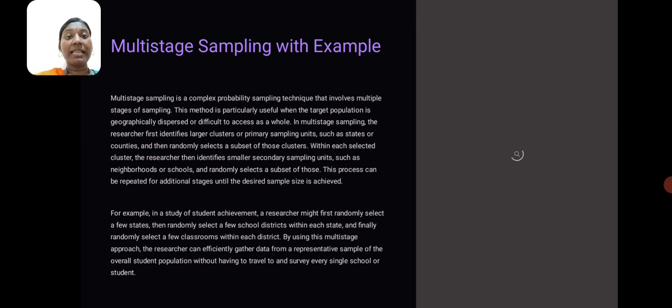Within each selected cluster, researchers then identify smaller secondary sampling units, such as neighborhoods or schools, or randomly selected subsets of those.